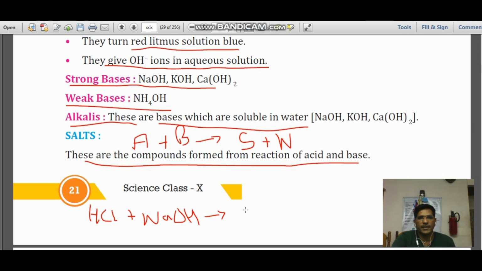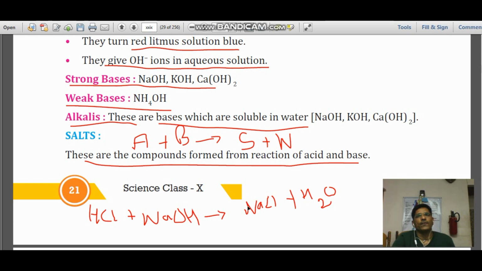NaCl is the salt, plus water, H2O. So when an acid reacts with a base, it gives salt plus water. So it is called salt. This is also called a neutralization reaction.